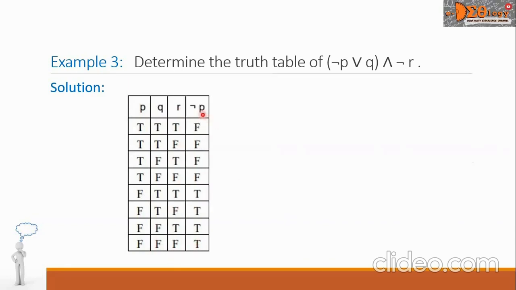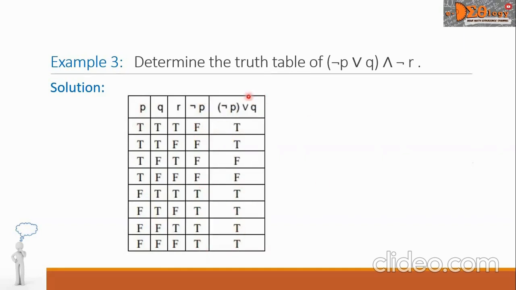Another column is for not P. So we negate the P. True here becomes false here, and that is the pattern here. Next, we write the column for not P or Q. In here, this becomes false only when both of the propositions are false.